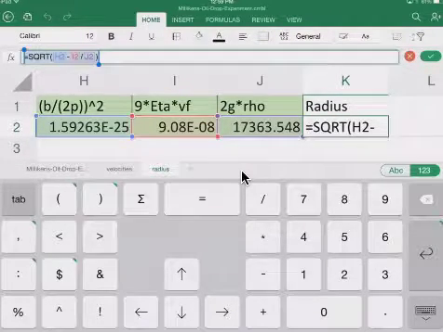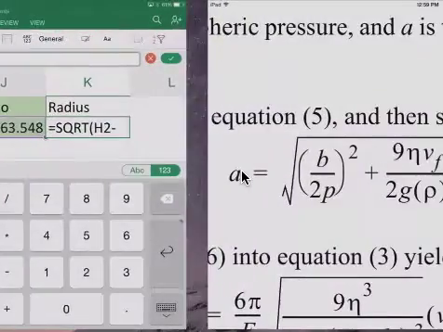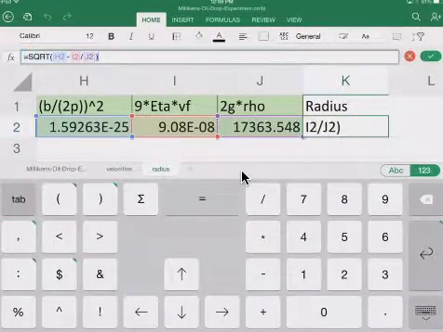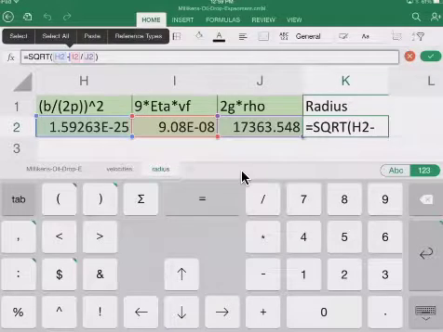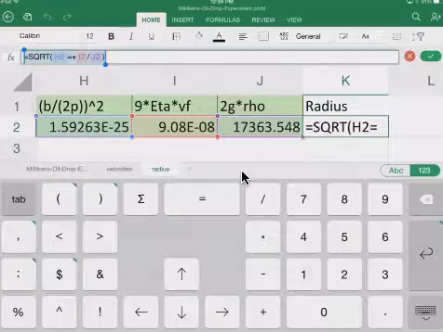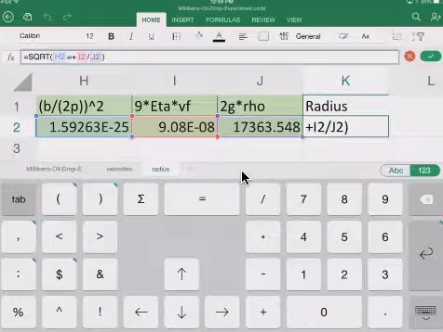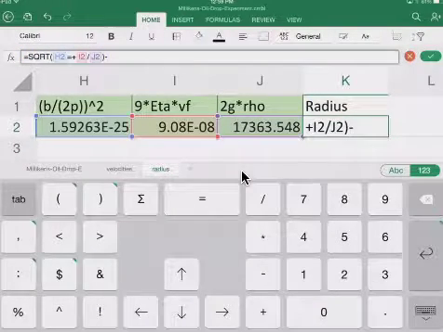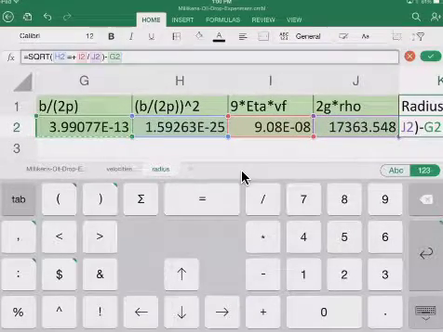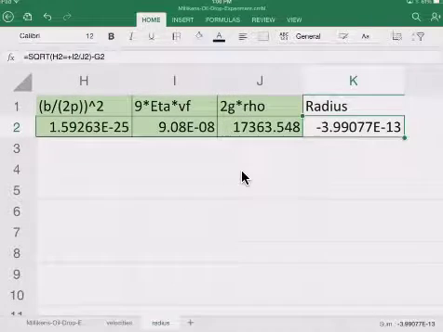I think it must be the fall velocity. Oh, let me go back. Oh, it's supposed to be a plus sign in there. Let's see here. Return. So it's saying 0 right now, and that is going to be minus our b over 2p, and just return.